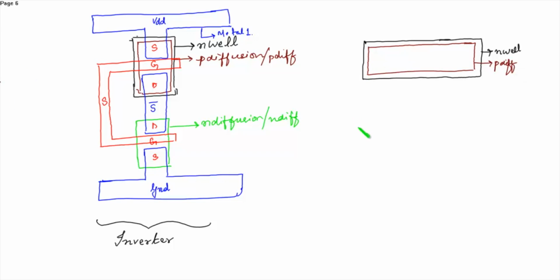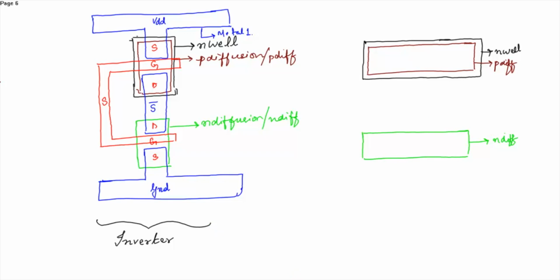Then the N diffusion layer. This is the N diffusion layer.